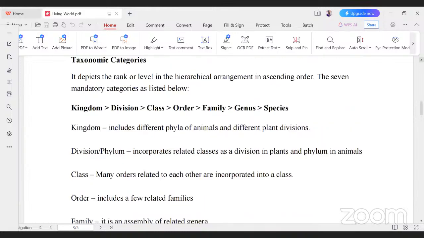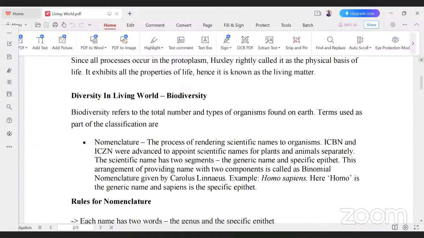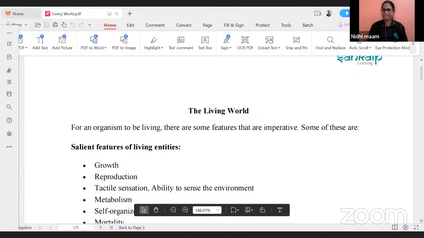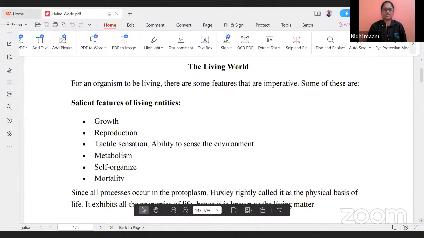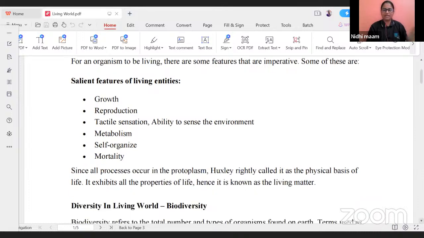Now we will discuss certain concepts related to CET from this lesson. In this lesson, we have to concentrate on specific features of living entities. If you're calling anything living, what features or characteristics will you consider?